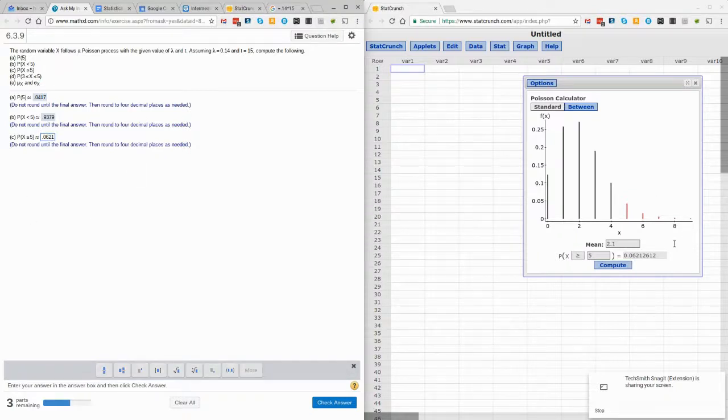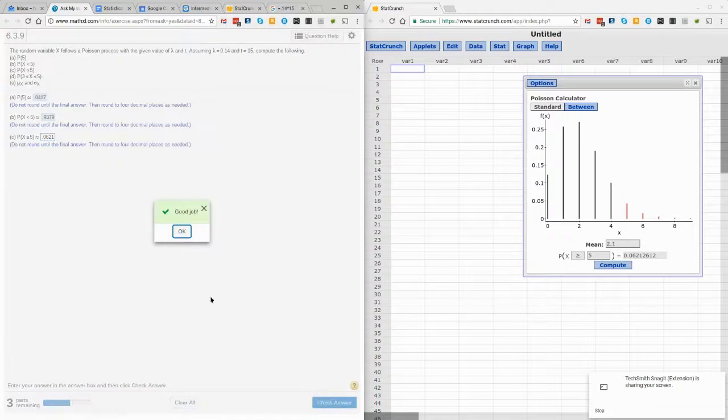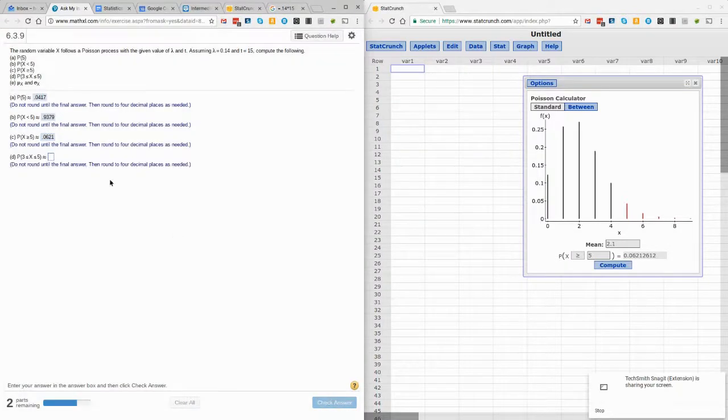Yeah, still 4 decimal places. I always check because sometimes, like on the 3rd or 4th part, they change how many decimal places they want it rounded to, which is real annoying. But sometimes it's because the probability is so small that it wouldn't really register if you didn't. So always watch out for that.